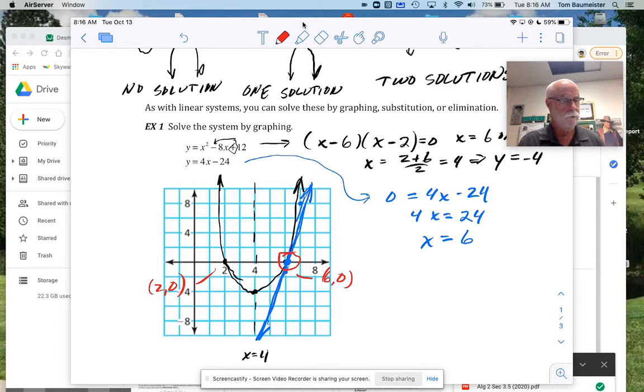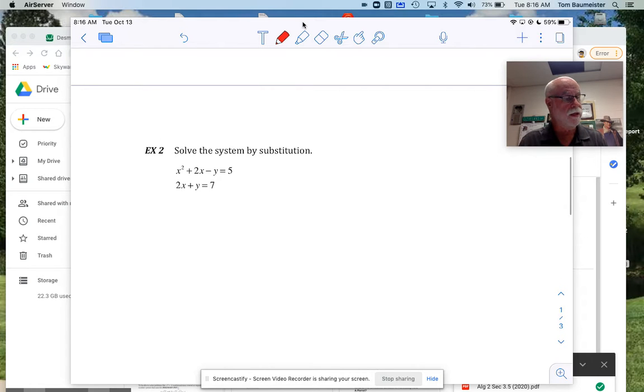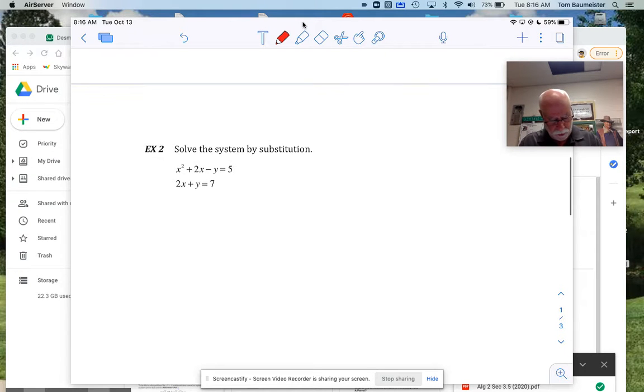Okay. All right. So then we're going to solve the system by substitution. Look, because that's what it's going to ask you to do. It's going to say solve by substitution, solve by graphing, or solve by elimination. So remember, on ones like this, I suggested you call this 1 and 2. All right.